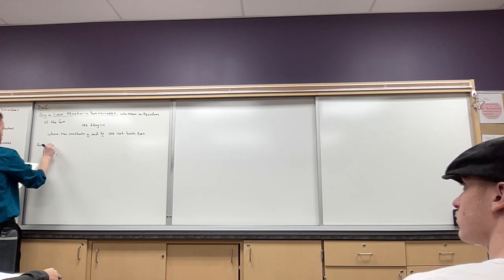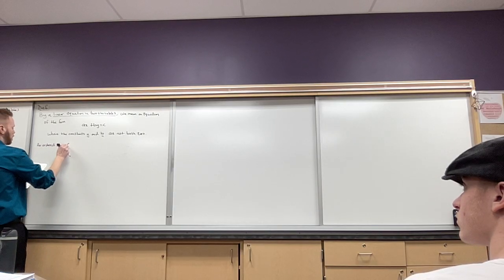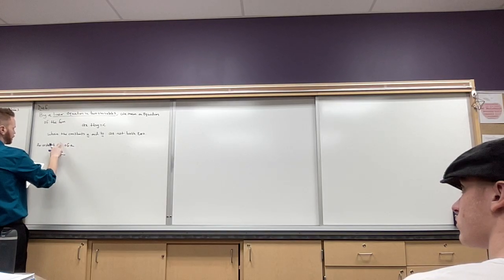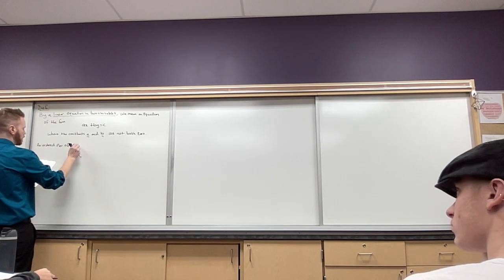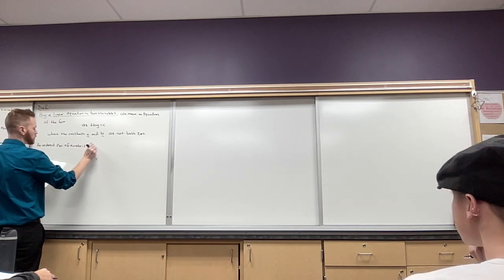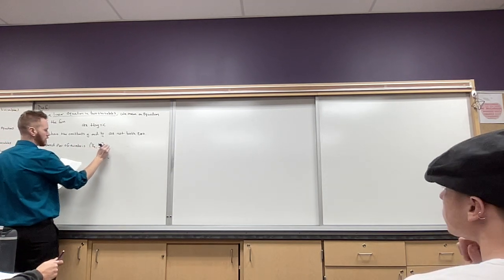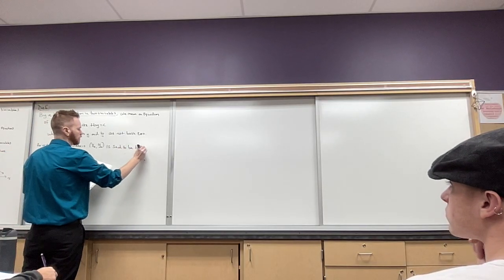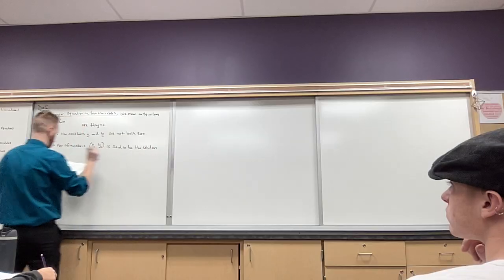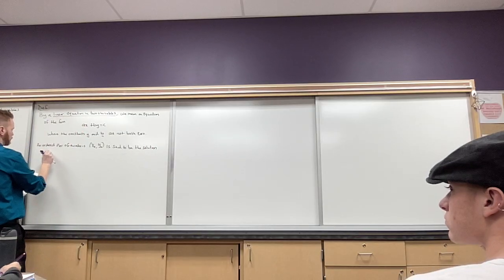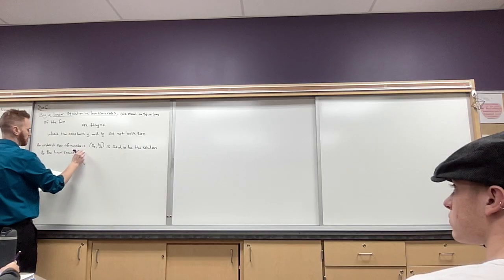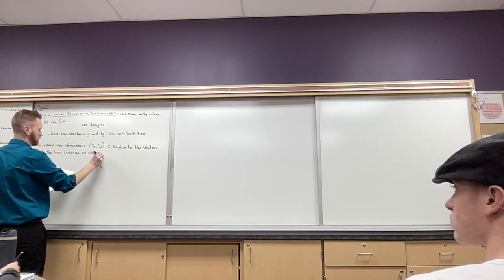They don't really have an equation. An ordered pair of numbers, x naught and y naught, is said to be a solution of the linear equation ax plus by equals c.